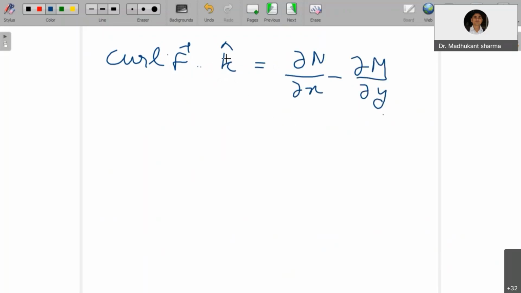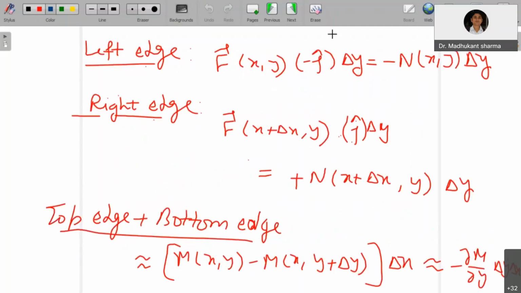So this is when you have spin around an axis, that is the z axis. Similarly, if you go for the x axis or y axis, you can discuss it similarly. Now you have the physical interpretation of both the integral terms in Green's theorem. So let's come back to Green's theorem.